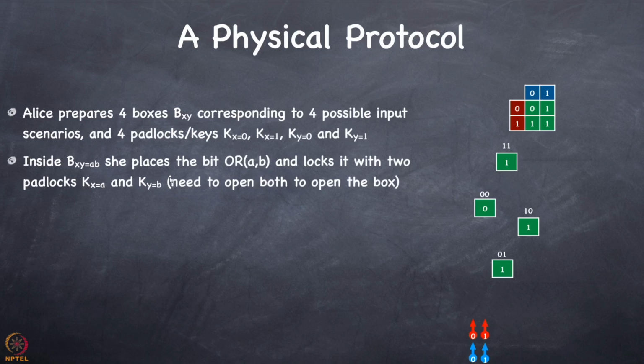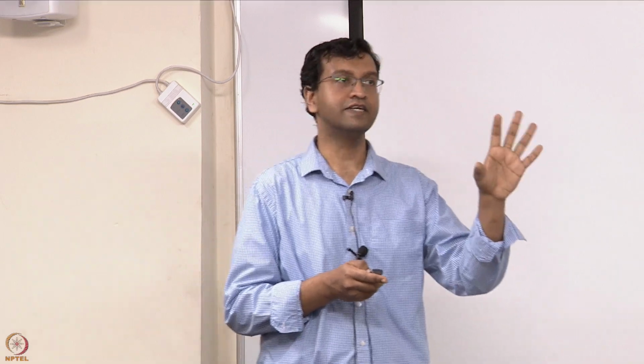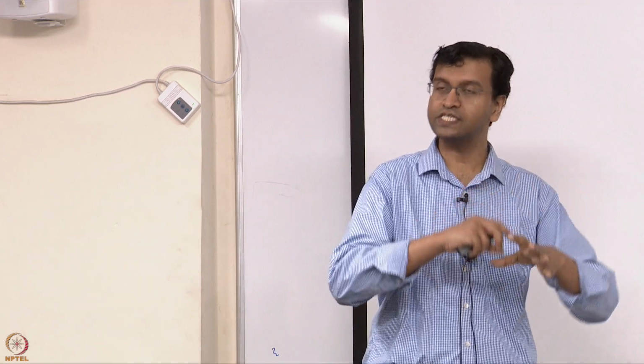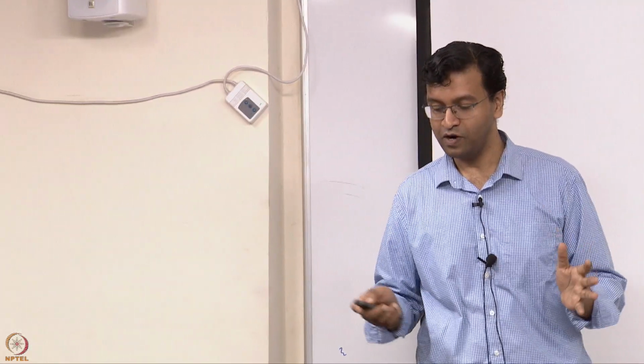She would use Kx equal to 0 and Ky equal to 0. To lock B01, she would use the key x equal to 0 and y equal to 1. So there will be 2 separate locks. That's her locking the box B00 with those 2 locks. And I erase the content of the box to show that once it's locked, you can't see what's inside. So all of the boxes are now locked.